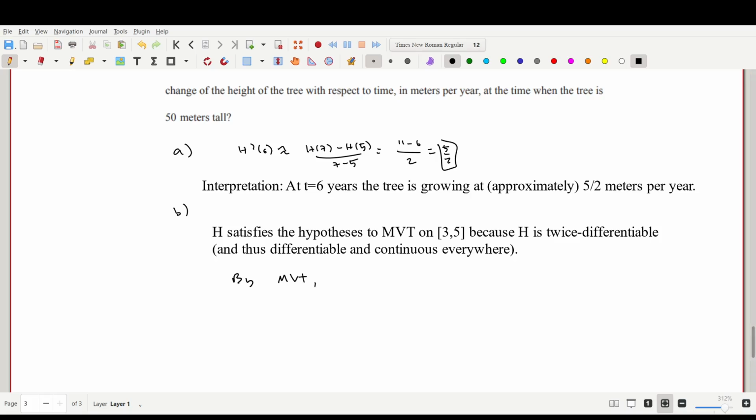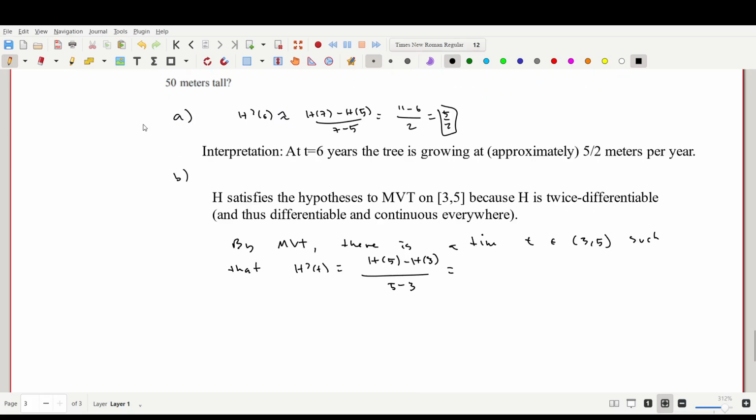By MVT, there is a time t in the interval 3 to 5 such that h prime of t is h of 5 minus h of 3 over 5 minus 3, which is 6 minus 4 over 2. Is that what it was?